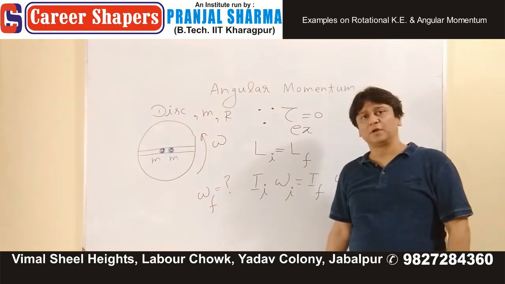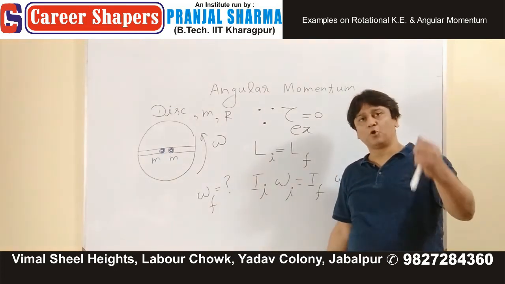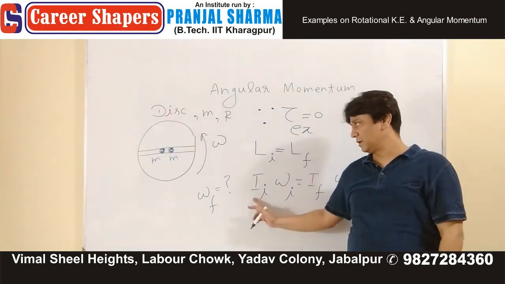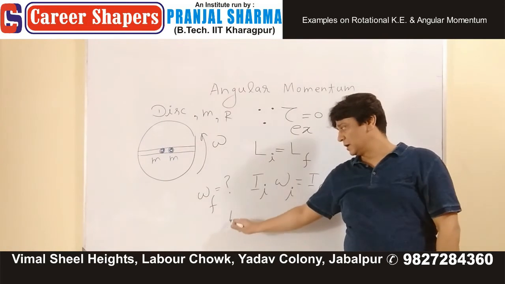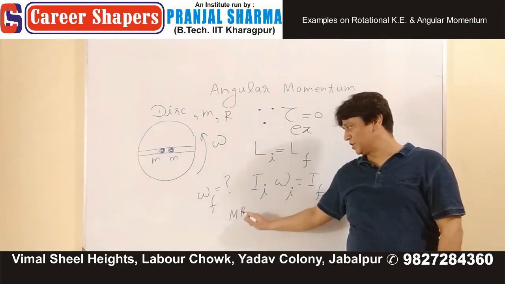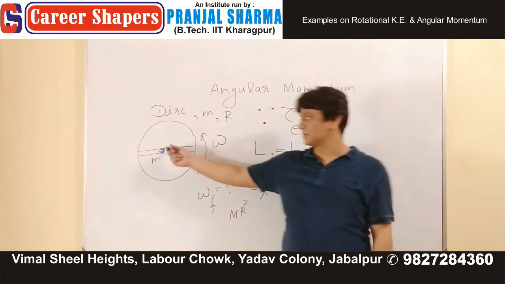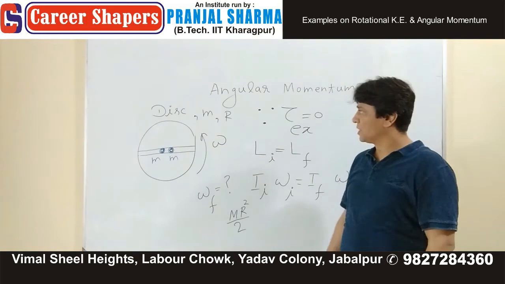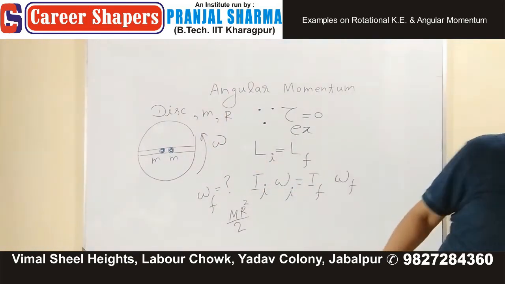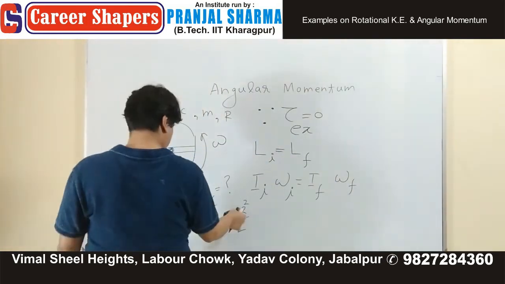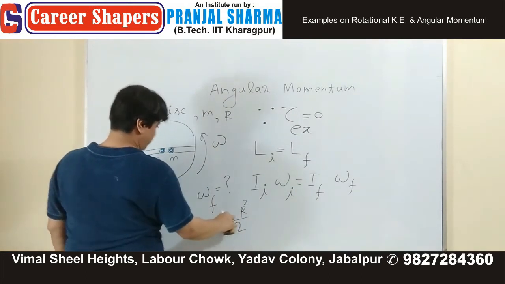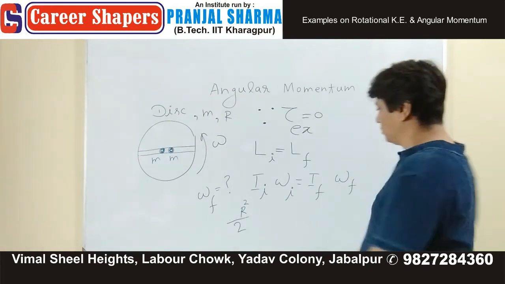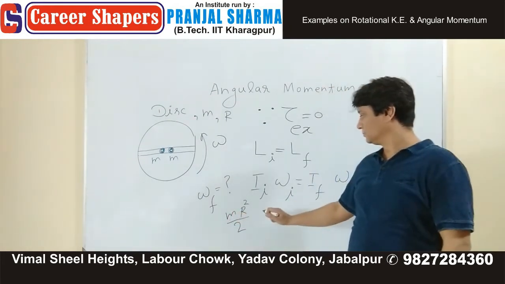Now this question is only about whether you know the moment of inertia or not. The moment of inertia of the disc about this axis was MR square by 2. Take the mass of everything as m so that everything remains easy. I've taken the mass of everything m. So this is MR square by 2 into omega.